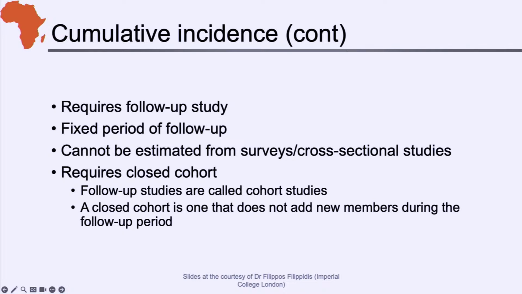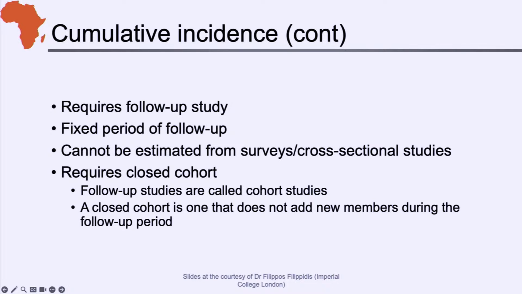Okay. Now, as we figured out, there are some problems with cumulative incidence. It requires a follow-up study. So you begin with the first cohort at 11 a.m., and then you need to do the same thing with the 2 p.m. cohort. But this is a fixed period of follow-up, and it cannot be estimated from surveys or cross-sectional studies.